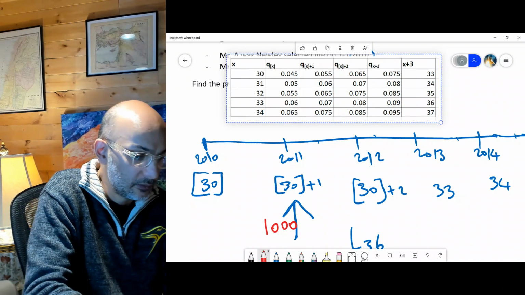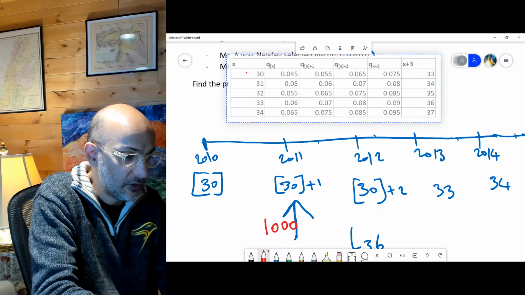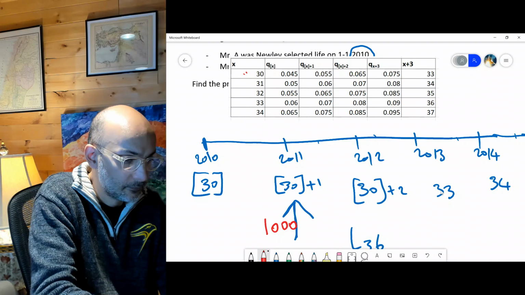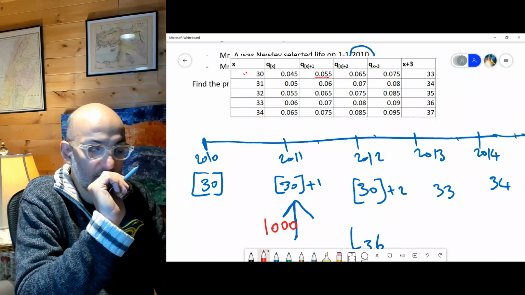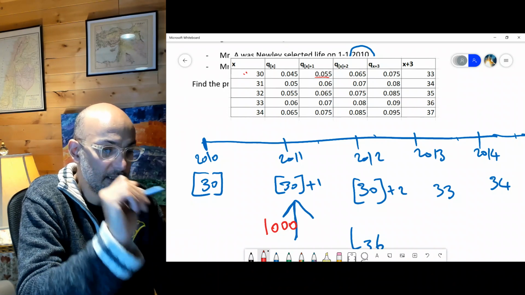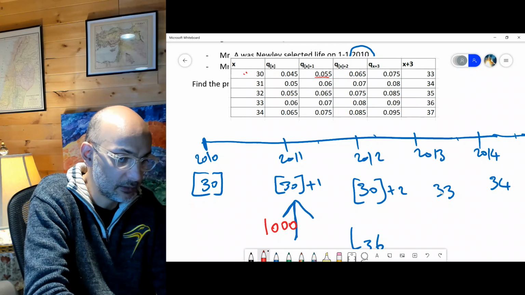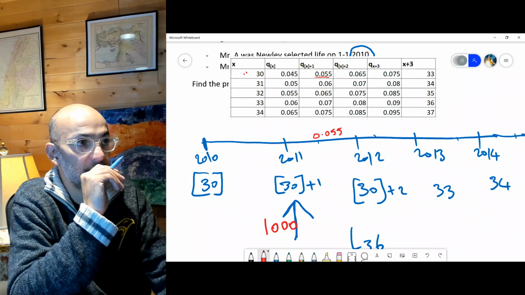Now we start at age 30, right? And we are here. Do you see it? So now the Q here, the death here is 0.05, 0.05.